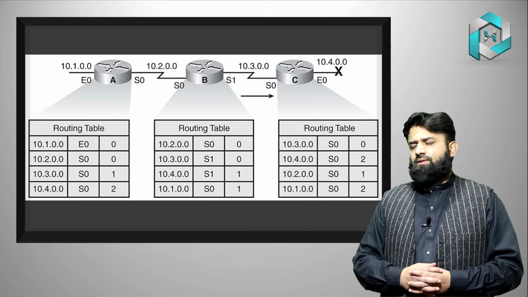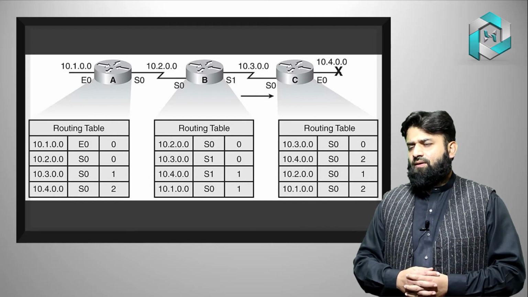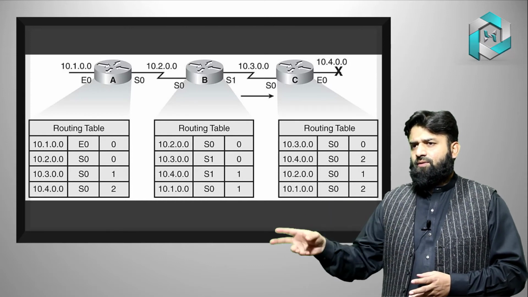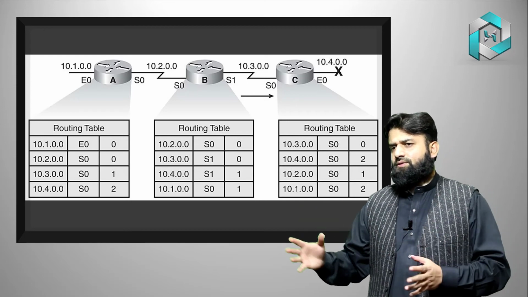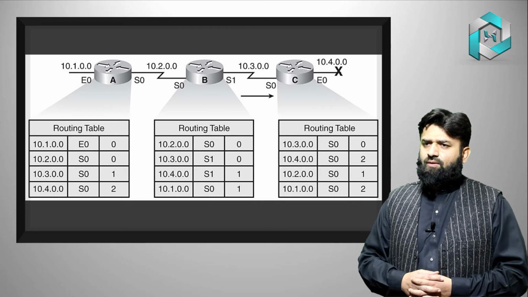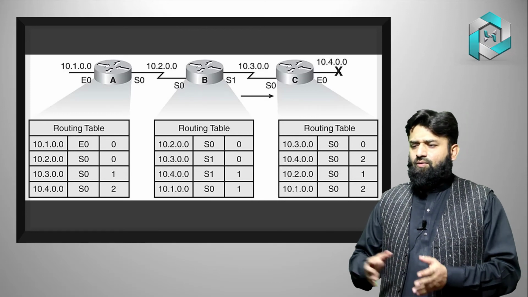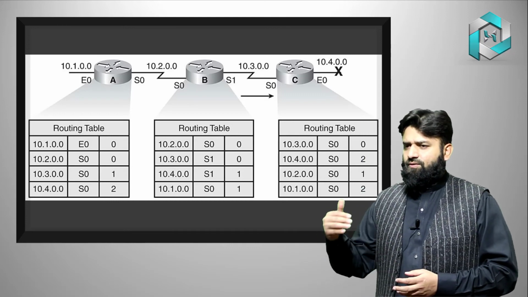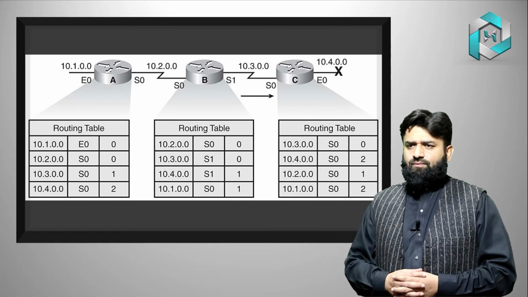So in a nutshell, each router must have a routing table. That routing table has routes. That routing table has networks. If a router receives a packet which is mentioned in the routing table, the router will simply forward that packet according to the network mentioned in the routing table. If it's not mentioned, it will simply be rejected and flushed out.